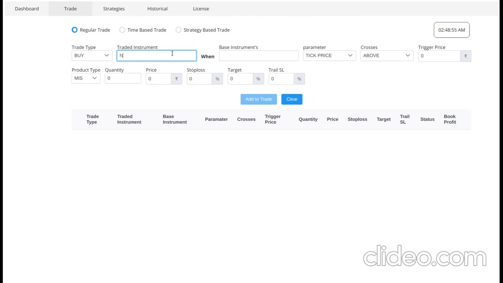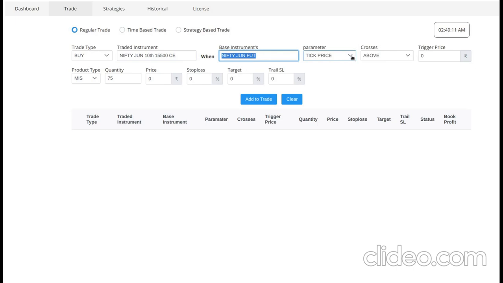Okay, let's see. I wanted to show you also some more features here. So as you can see, I'm making my decisions based on the Nifty June future, and the tick price.